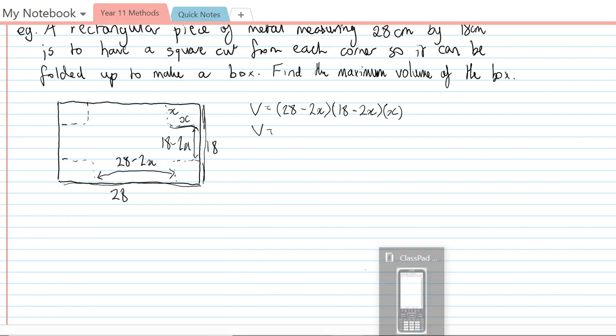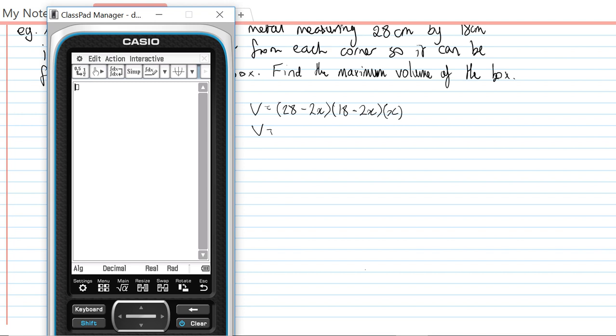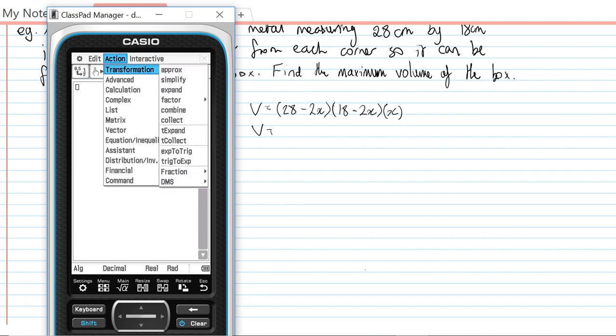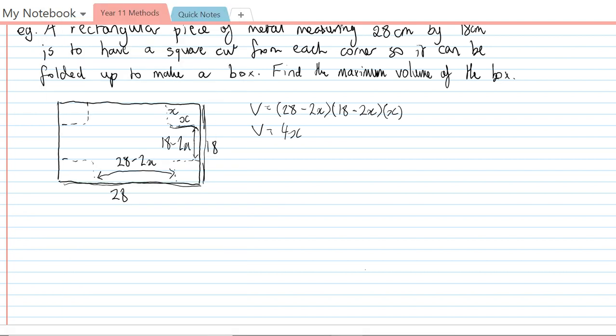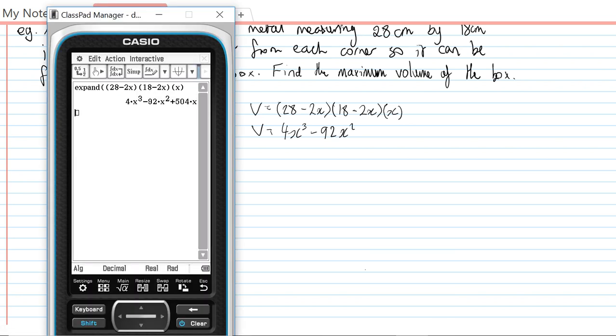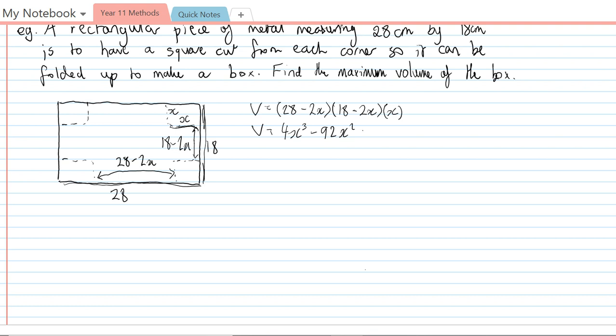So V equals, now if I go action, transformation, expand, and then I'll put in the 28 minus 2x, the 18 minus 2x, and the x. So 4x cubed minus 92x squared plus 504x. Okay, that seems pretty good.